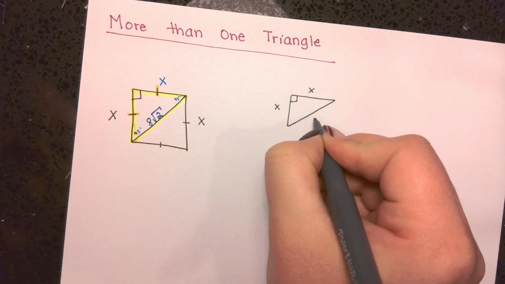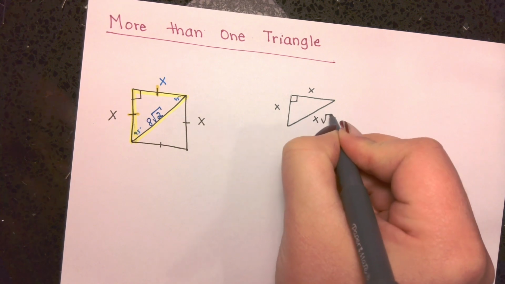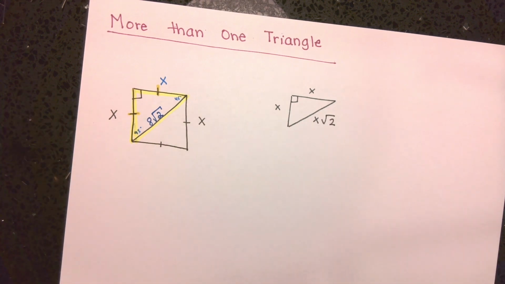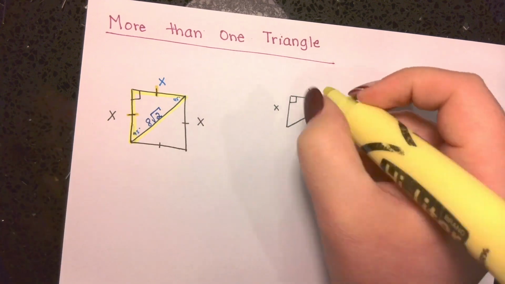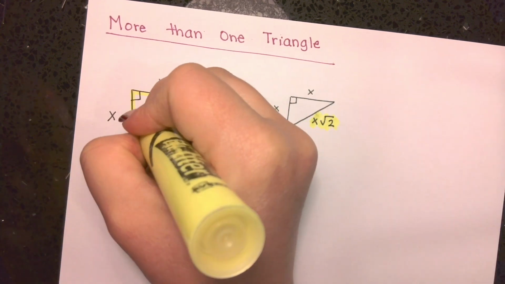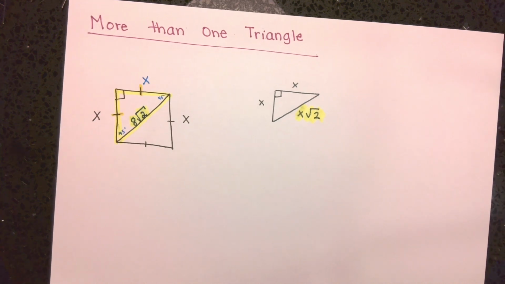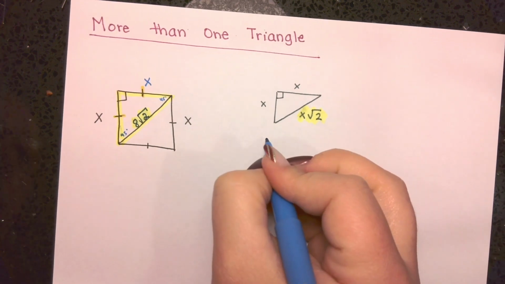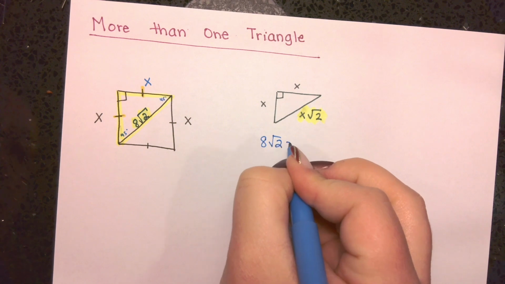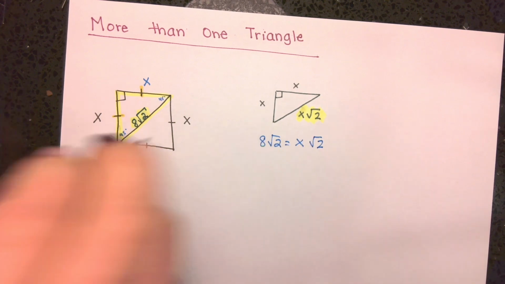So I'm writing out our pattern, and I'm going to highlight that this hypotenuse is 8 root 2. So I'm going to set up my mini equation. 8 root 2 is equal to x root 2.